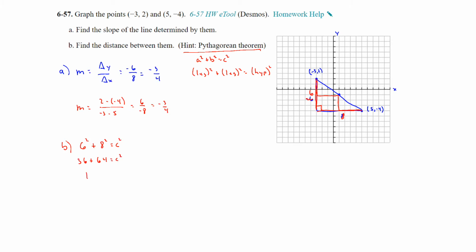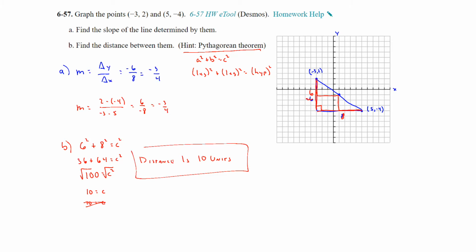And then 36 and 64, if you add those up, you get 100. And then what squared gives you 100? Or you can use the inverse, take the square root of both sides, and 10 is equal to c, or the absolute value of c. So technically there's really two answers to this. There's two numbers that you can square and get 100, but the negative 10, since we're talking about a distance, doesn't really make sense. Therefore, the distance between the 2 points is 10, and we'll just say units here.